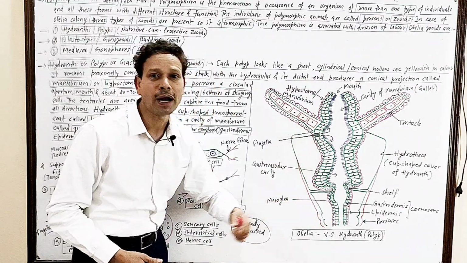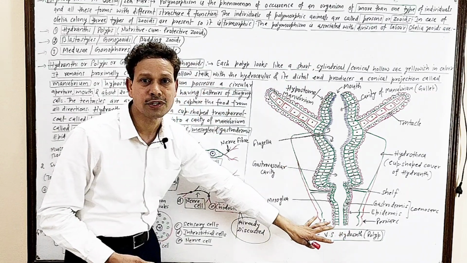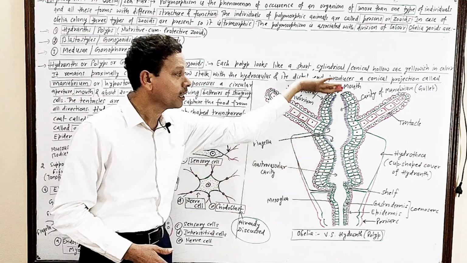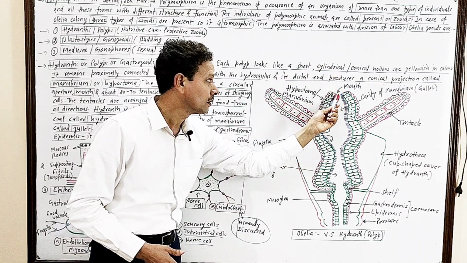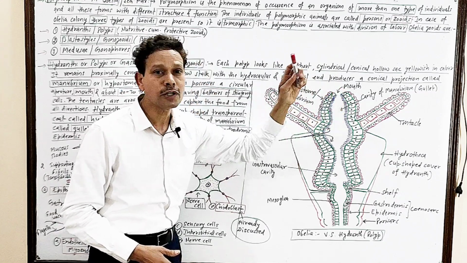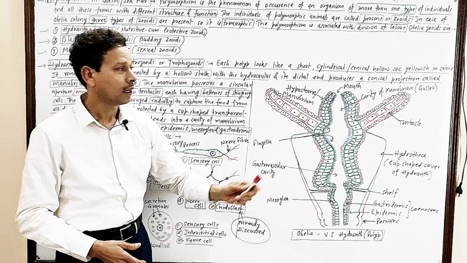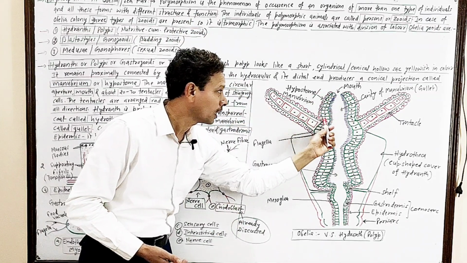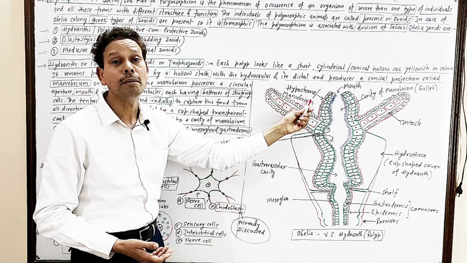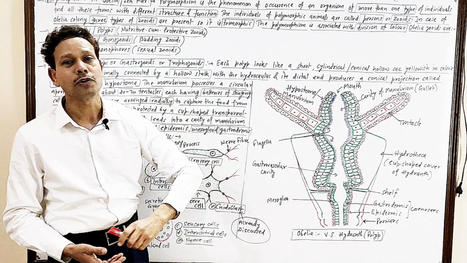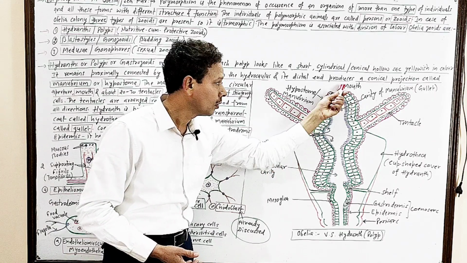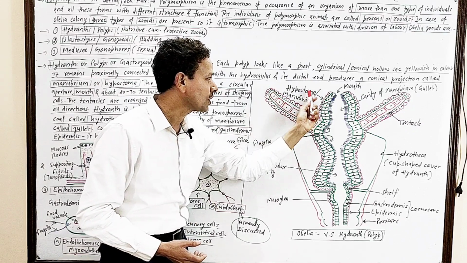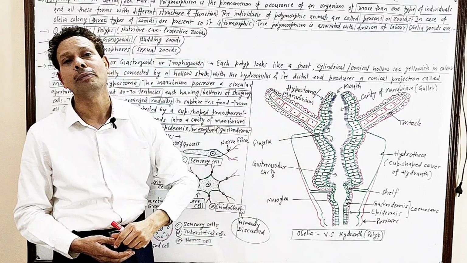The basal part remains attached by a stalk to the colony, and the terminal part possesses an aperture. This circular aperture is the mouth, and the mouth is present on a conical projection, the hypostome. Very important for short type questions. This conical projection is hypostome or manubrium.